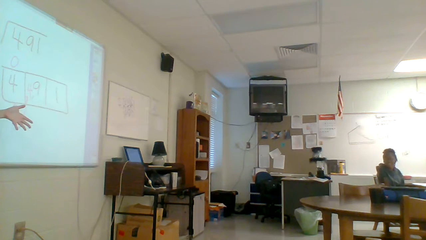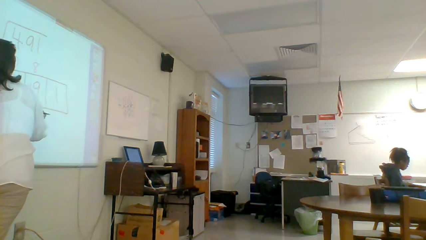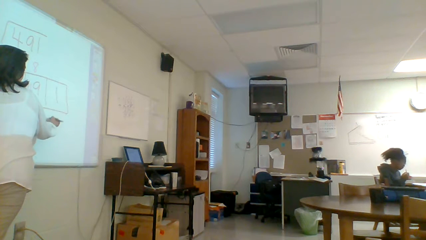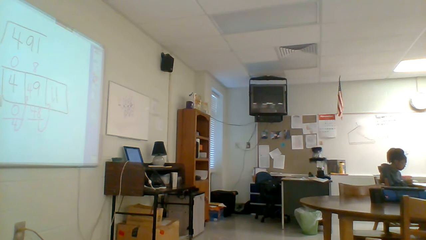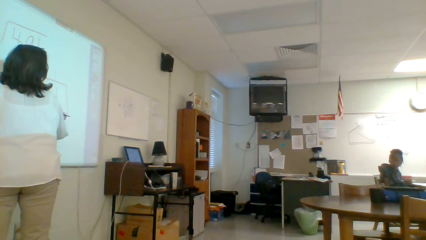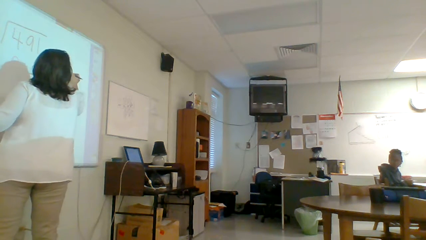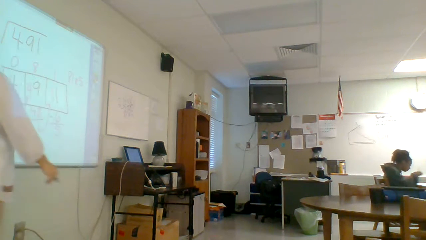What can I get close to? 8 times 6 is 48. That gives me 1 left over. Now I'm going to move my 1 to this box, and now I have 11. Okay, so 6 goes into 11 once. I'm going to subtract, and I have 5. So my answer is 81 with a remainder of 5.